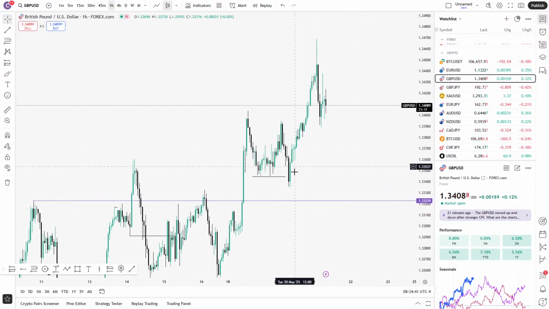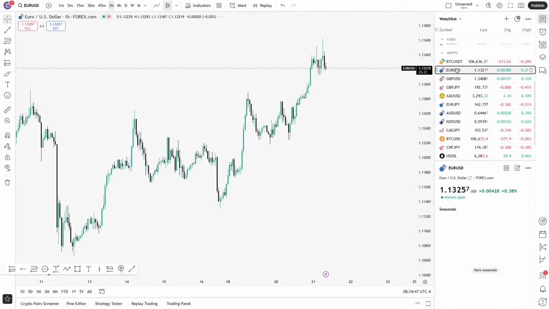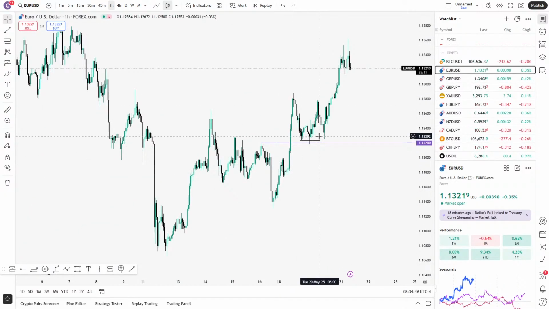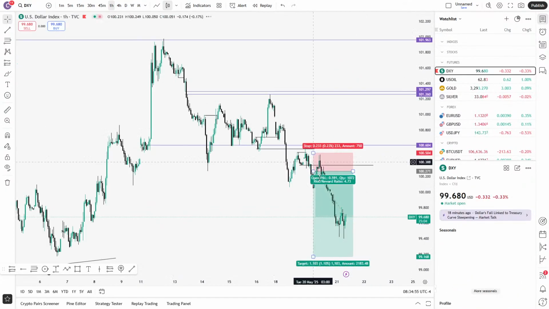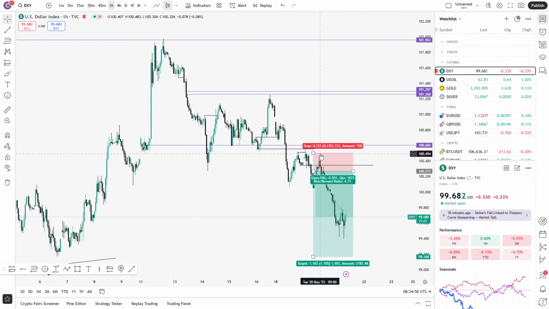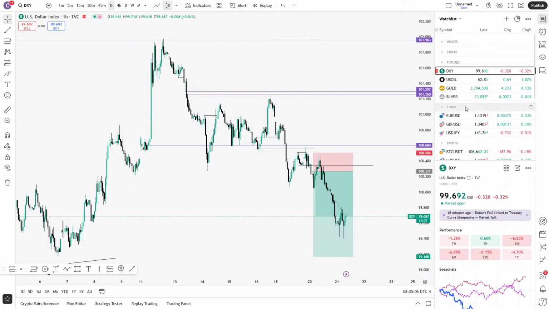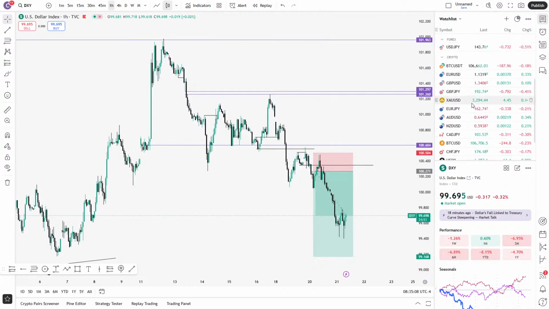Because look at the GBPUSD creating a lower low right here, sweeping that relative equal low, but you see that the Euro USD didn't create a lower low. At the same time, the GBPUSD didn't create a higher high right here. So you see how institutions intertwined the appearance of that cracking correlation differently. This time around, we see it happening on the GBPUSD.